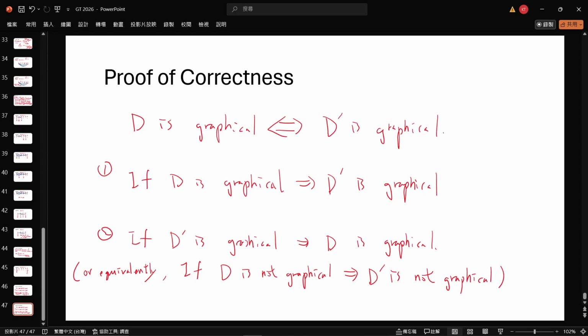So these two statements are equivalent. The reason is that if P then Q is equivalent to if not Q, then not P.